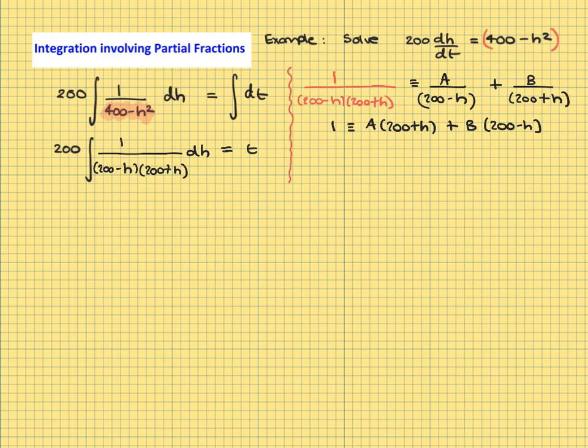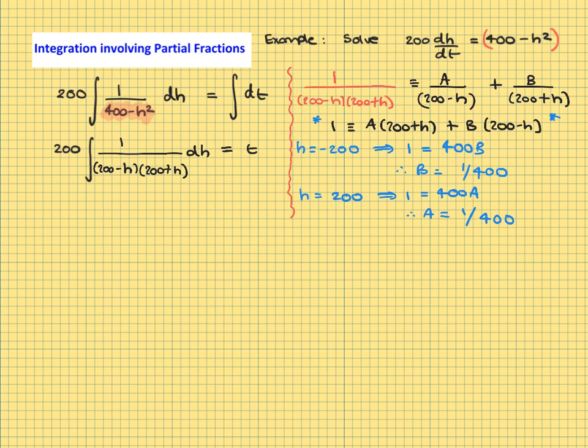Now, some people like to compare coefficients, some people like to use a substituted value. I'm going to substitute in sensible values here. So if h is equal to negative 200, this gives me 1 is equal to 400b, and therefore b equals 1 over 400. And then if h is equal to positive 200, again subbing into this result here, this gives me 1 is equal to 400a, so a is equal to 1 over 400.